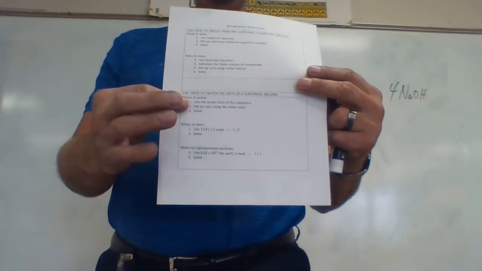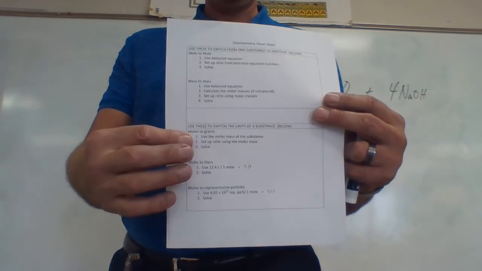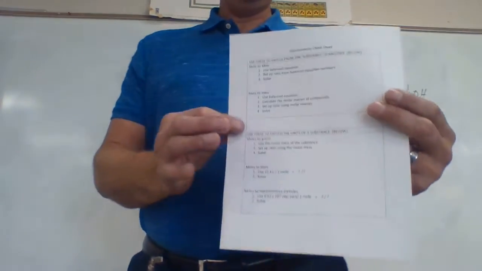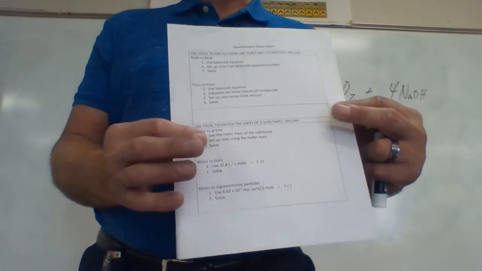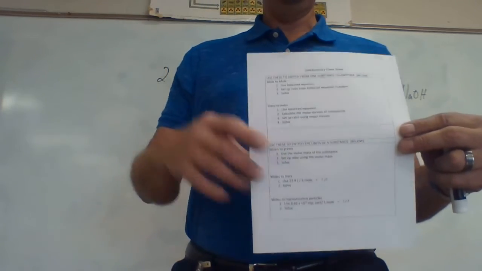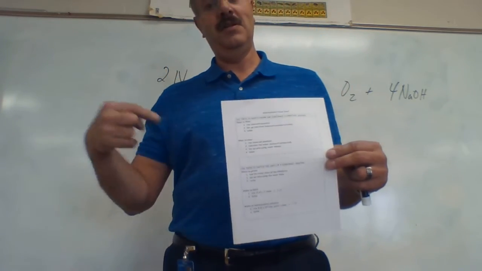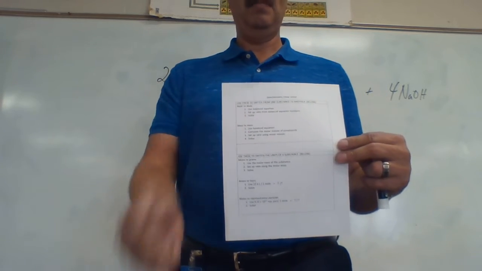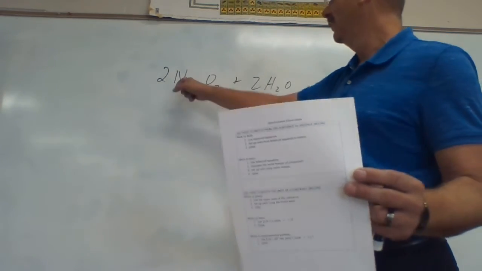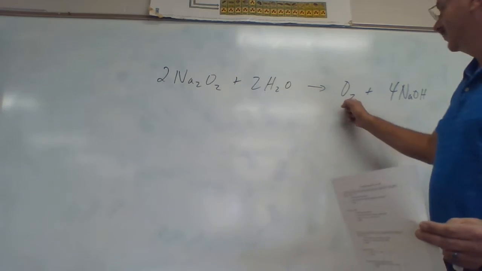Now what we're going to do is go down here to the one where it says moles to mass, right? And notice it says above it that these we use to switch the units of a substance. So we can only use this one down here to change the units of one substance into different units for that same substance. The ones at the top, these two, are the only things that allow me to go from one thing in a balanced equation to something else.